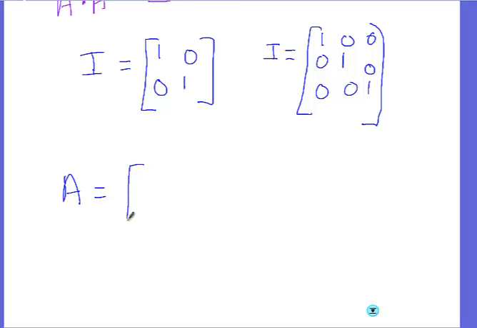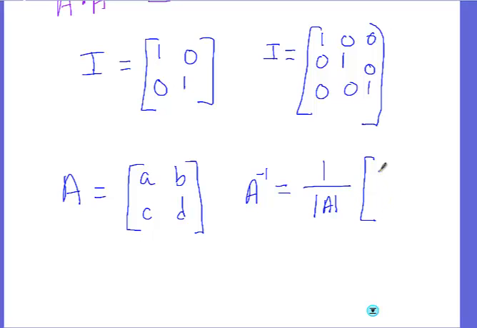So say we have matrix A, where it's a, b, c, and d. Matrix A inverse is equal to 1 over the determinant of A times the matrix d, negative b, negative c, a.